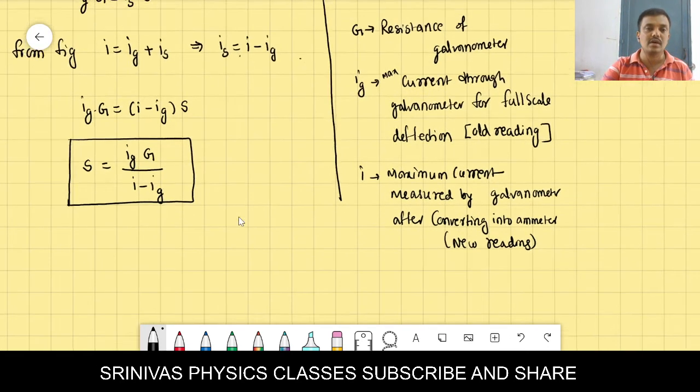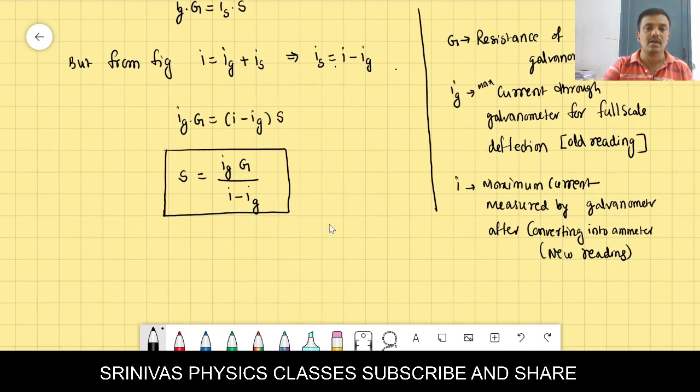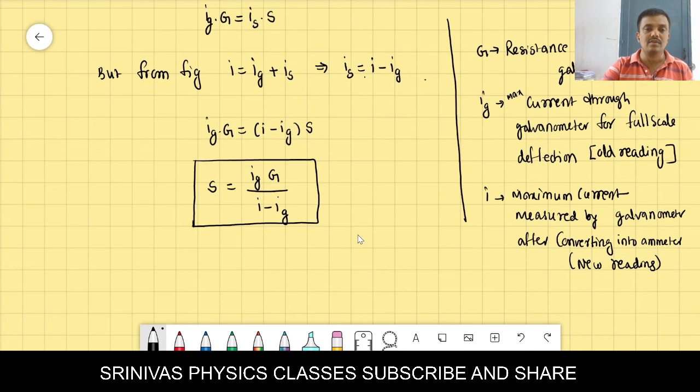How much shunt resistance we have to connect in order to convert the galvanometer into an ammeter, that we discussed here.